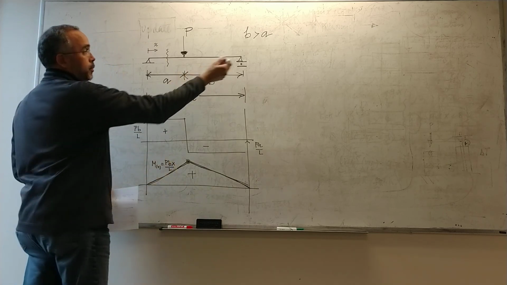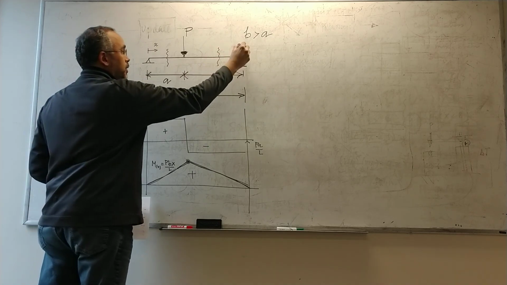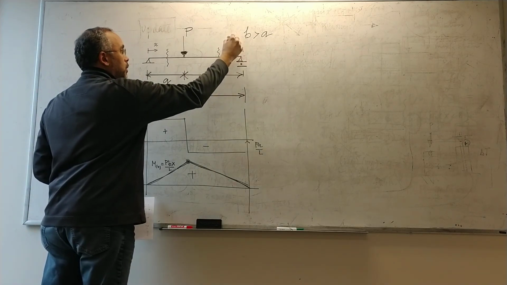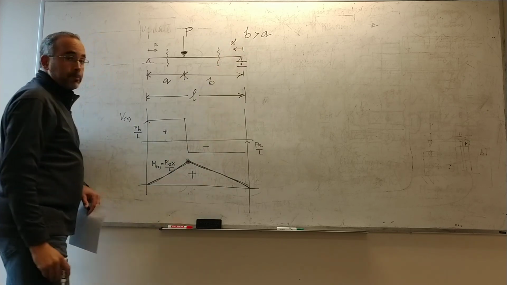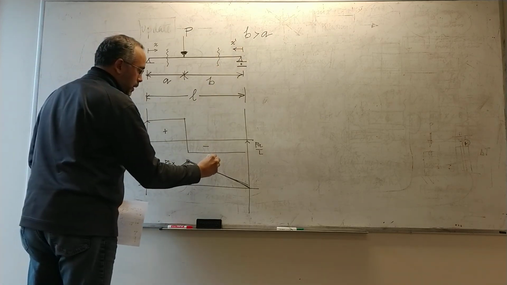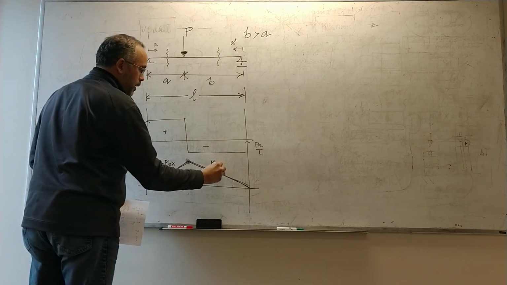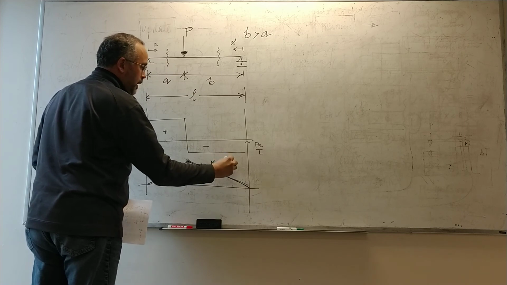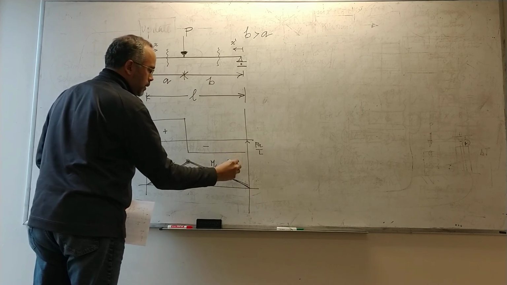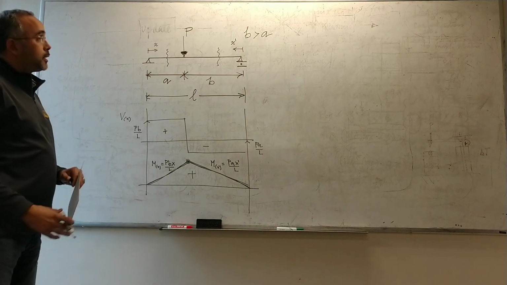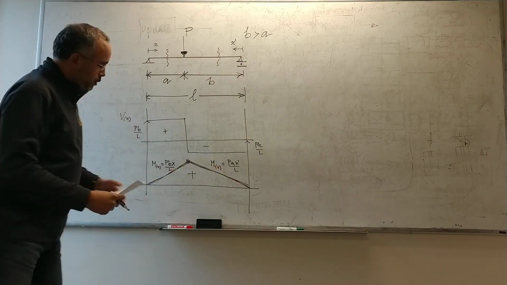And if we look at the moment diagram this way, we call this X prime, then the moment diagram as a function of X prime looks like PAX prime divided by L. So they're both straight lines.